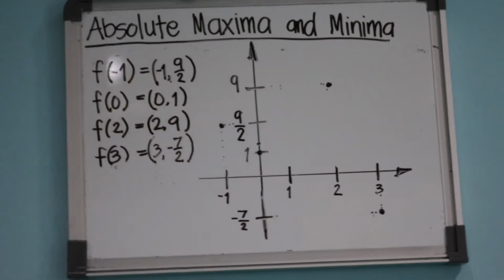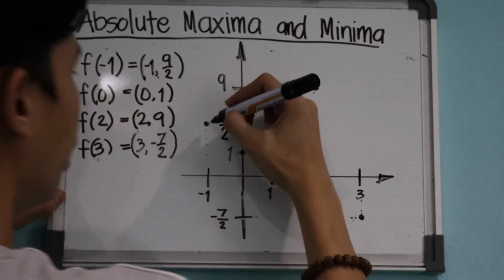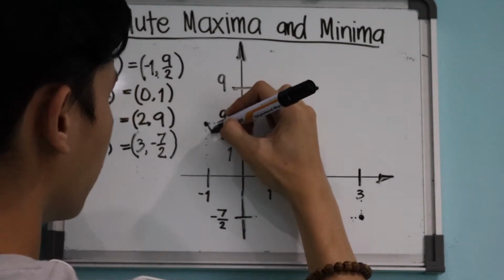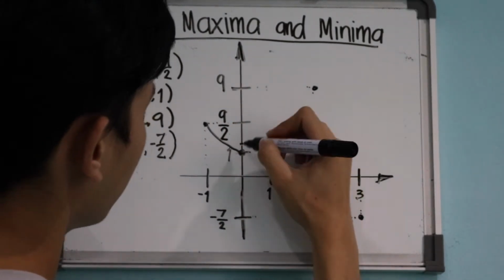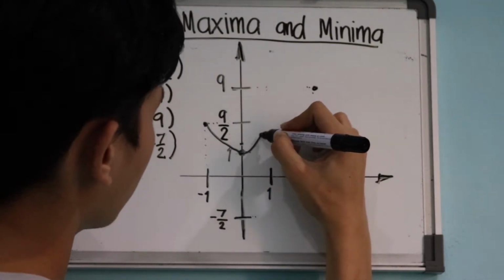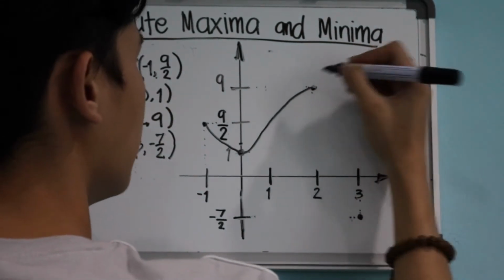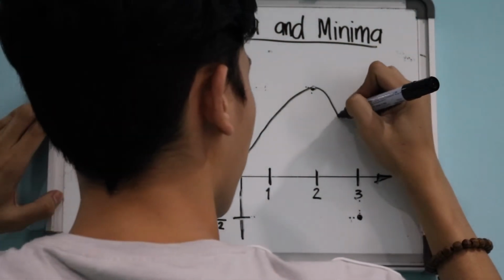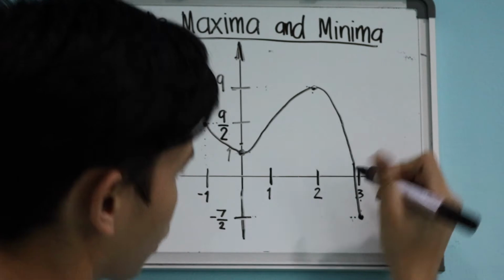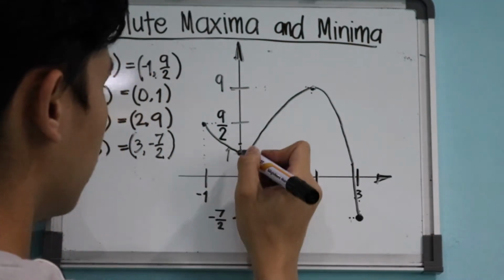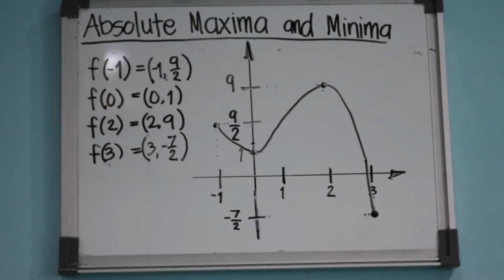So let's graph it. From the endpoint maximum value down to the local minimum value, then up to the local maximum value. Then lastly, down to our endpoint minimum value. So that's it. That's our graph.